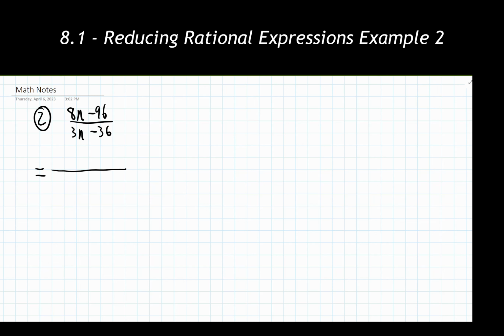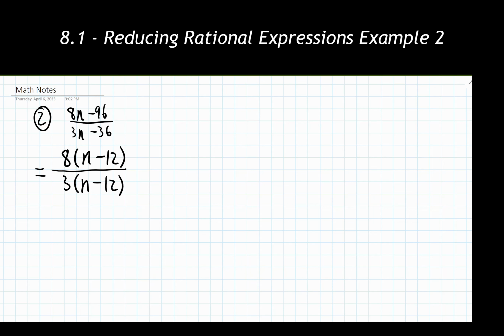Yes, there is. So I can factor out an 8 from both of those. I have n minus 12 left over. If I look at the denominator, both of those terms have a common factor of 3. So I can factor a 3 out and have an n minus 12 left over.